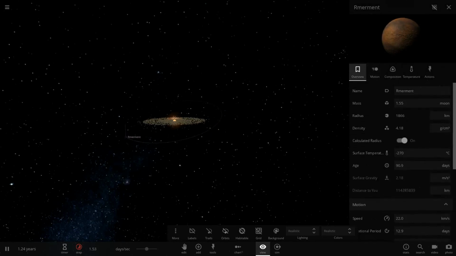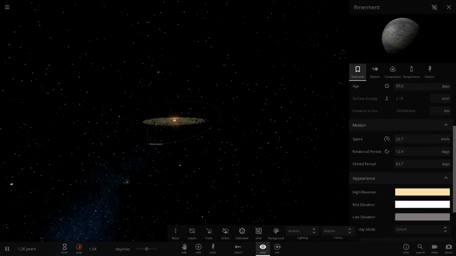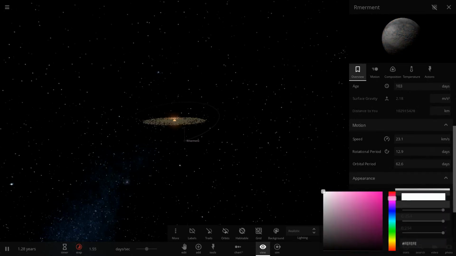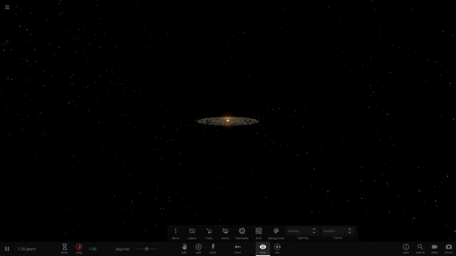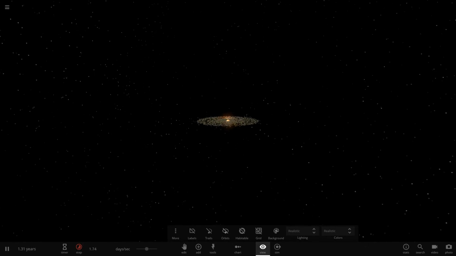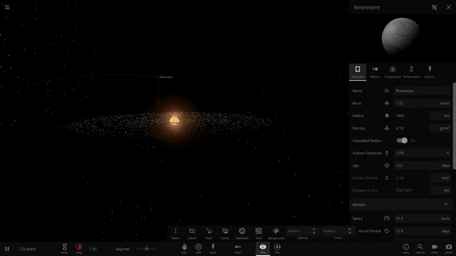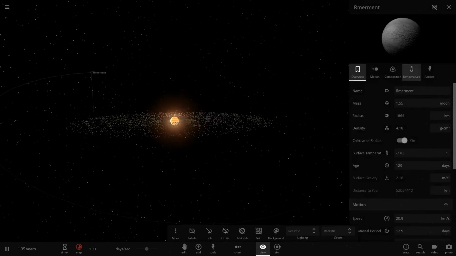Okay, let's make it so it's visible. White. There you go, we should be able to see that now. That just blends in. Actually, no, it doesn't actually. That's actually a very small object. Like, how are you going to see that?